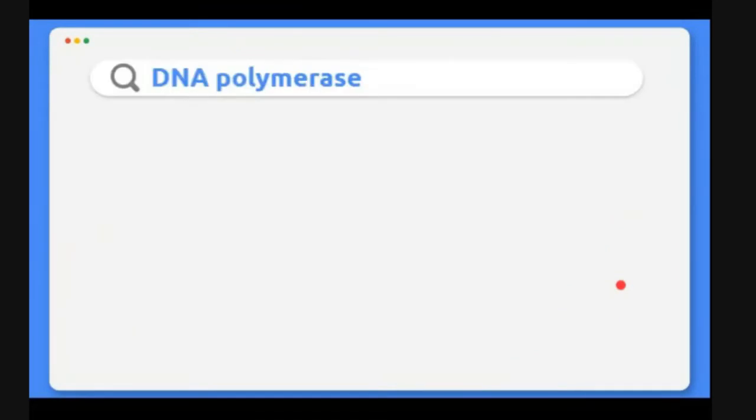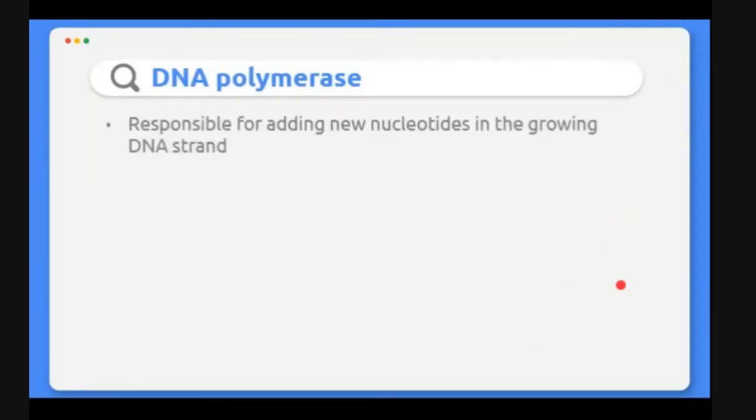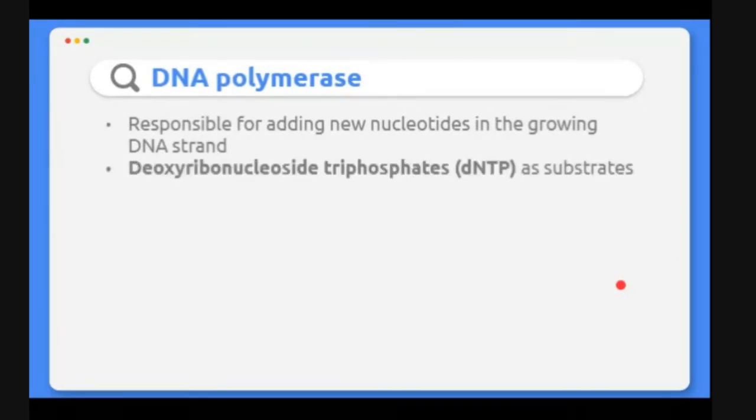Okay? So, let's take a look at elongation. Ito na, DNA polymerase. Ito yung parang bida sa drama natin kasi siya yung responsible for adding new nucleotides in the growing DNA strand. Ito yung main character natin, yung pinakahintay natin, si Gumjandi, si Sunshine.